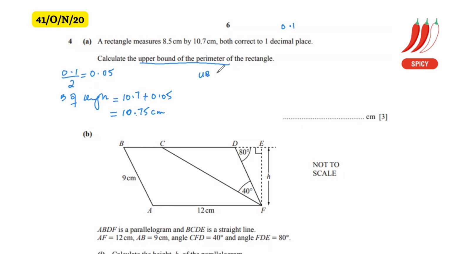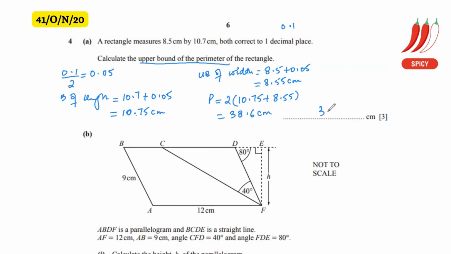Then upper bound of width would be 8.5 plus 0.05, which is 8.55 centimeters. So now the perimeter would be twice of 10.75 plus 8.55, and that equals 38.6 centimeters. That is the upper bound of the perimeter.